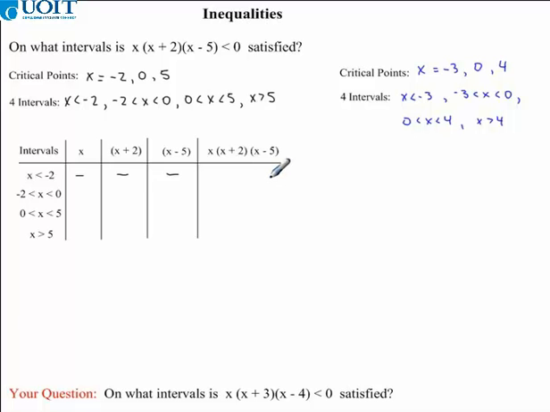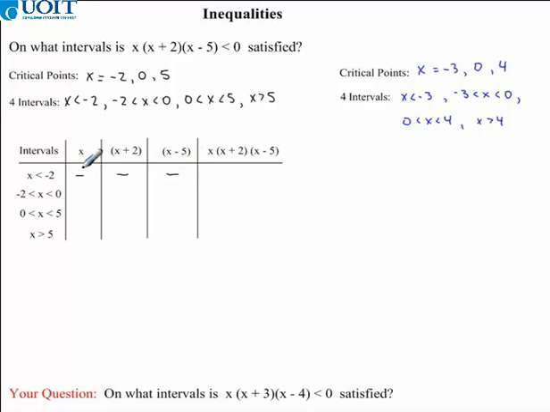To solve whether or not this last column is positive or negative, we need to simply multiply the signs of the previous three columns. Since here we have x times (x plus 2) times (x minus 5), we know that when we have a value less than negative 2, our x will be negative, our x plus 2 is also negative, as well as x minus 5.